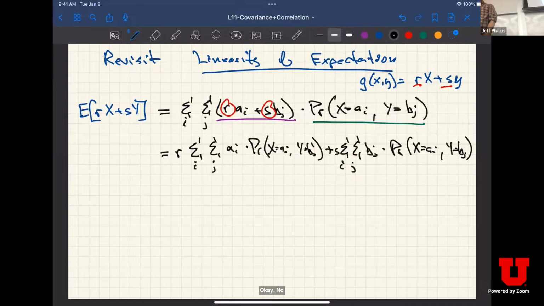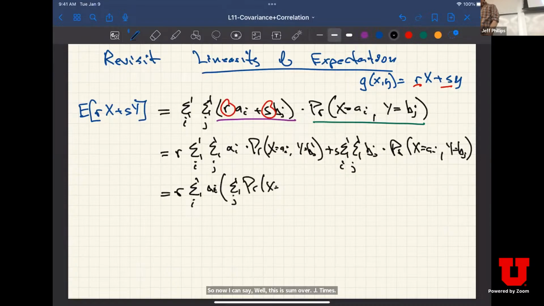Now for the first term, I can take R and sum over the values AI that X is taking on, but I'm going to factor out this AI because that AI does not depend on J. So now I can say this is the sum over J of the probability X is equal to AI, Y is equal to BJ, right?